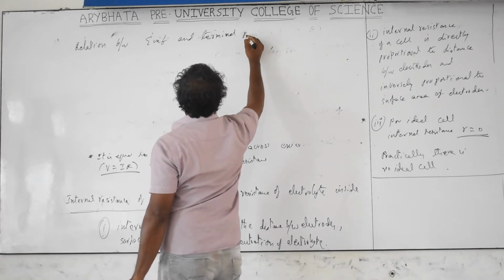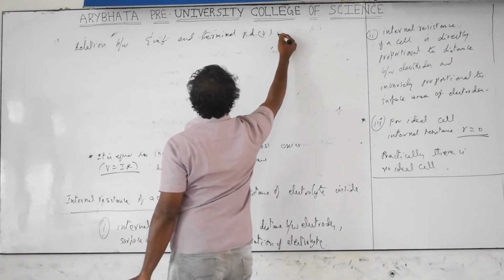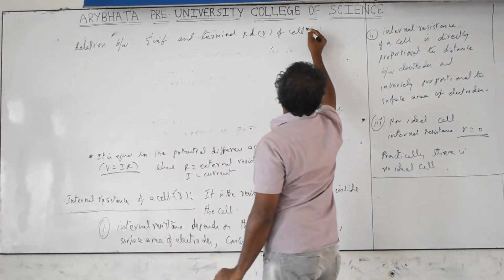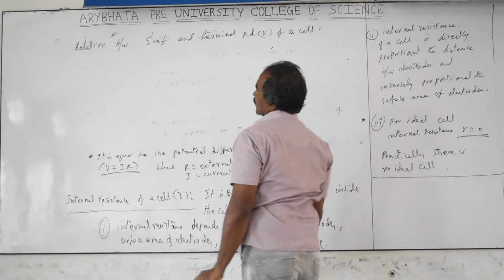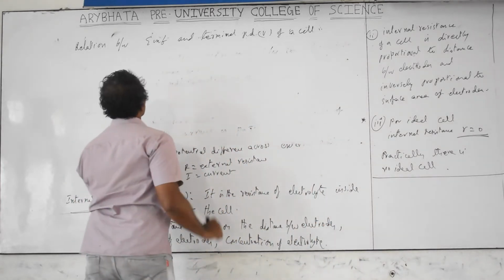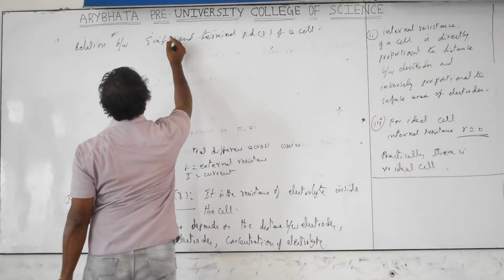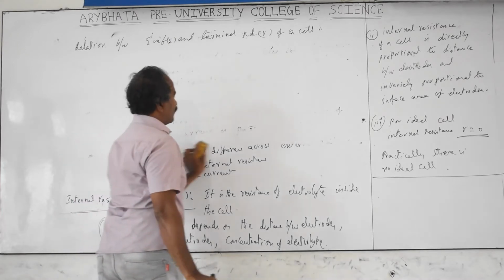I am writing PD here, terminal PD, that means V of a cell. Relation between the EMF, which we take as the symbol E, and the terminal PD of a cell.